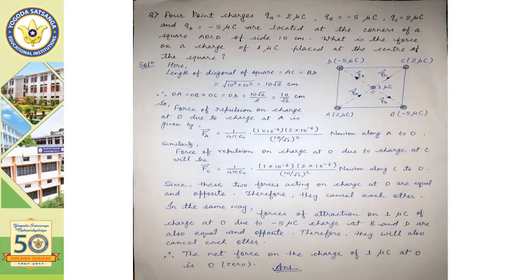So the force of repulsion on the charge at O due to the charge at A is given by FA from Coulomb's law, 1 upon 4 pi epsilon naught, 1 into 10 to the power minus 6 into 2 into 10 to the power minus 6 upon 10 by under root 2 whole square Newton, as it is a force along A to O. Similarly, the force of repulsion on the charge at O due to the charge located at C will be of equal magnitude, because these two charges at A and C have equal magnitude, 2 microcoulomb each.